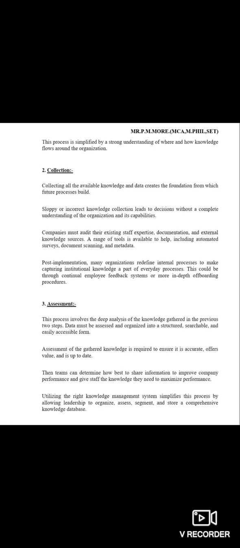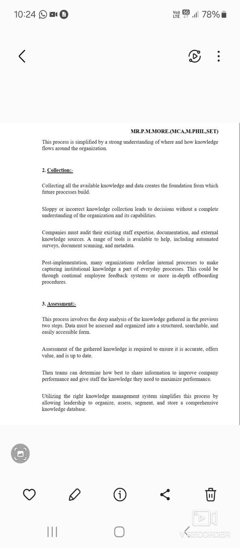The second step is collection. Collecting all the available knowledge and data creates the foundation from which future processes build. Sloppy or incorrect knowledge collection leads to decisions without a complete understanding of the organization and its capabilities. Companies must audit their existing staff expertise, documentation, and external knowledge sources.